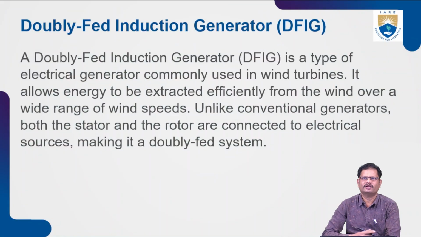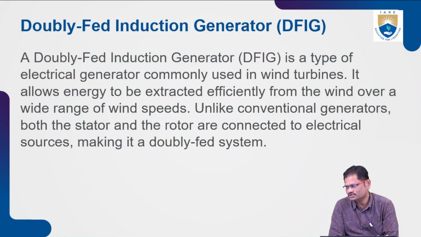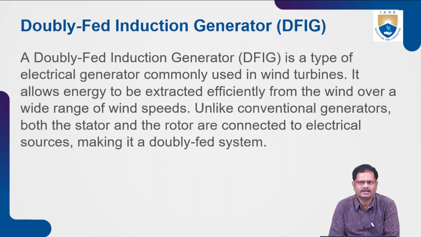So what is a doubly fed induction generator? DFIG is a type of electrical generator which is commonly used in wind turbines. It allows mechanical energy to be extracted efficiently from the wind over a wide range of wind speeds.